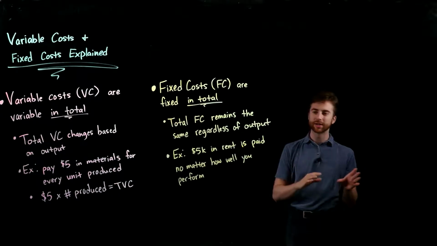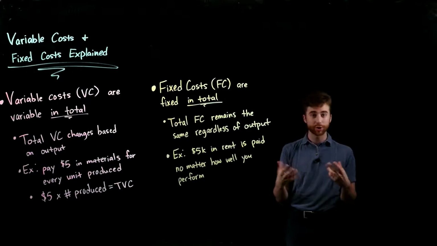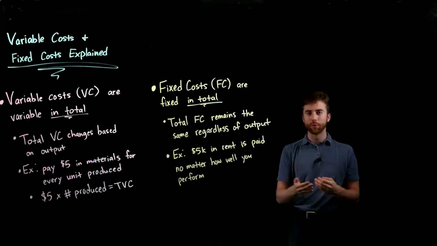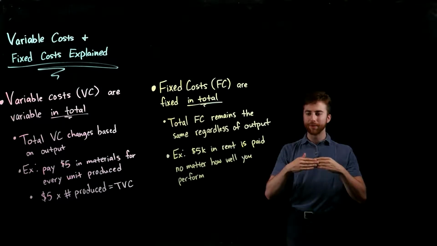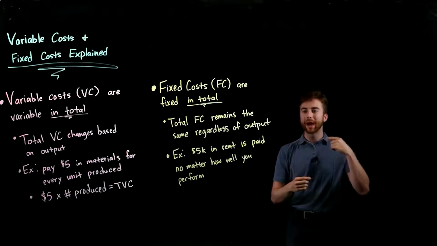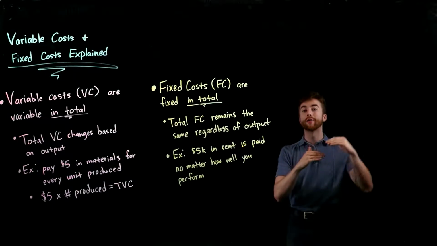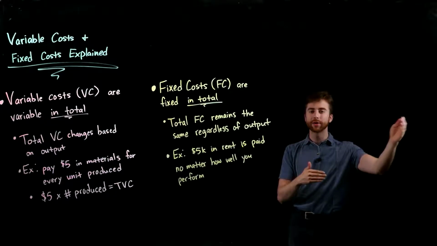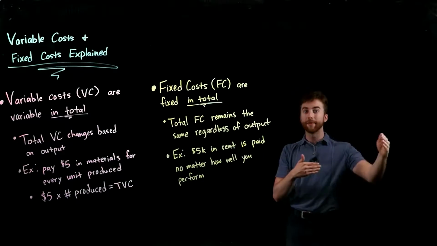This even touches on ideas as far as how you want to structure your business, where the more fixed cost you have, it's high risk, high reward in the sense that, yes, if your fixed costs are high, you have to generate even more sales to overcome those fixed costs. But the good news is those fixed costs don't continue to increase along with your sales, so you have a bigger margin.